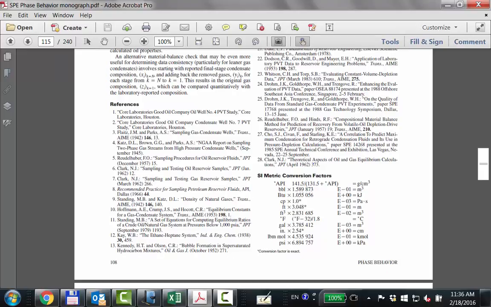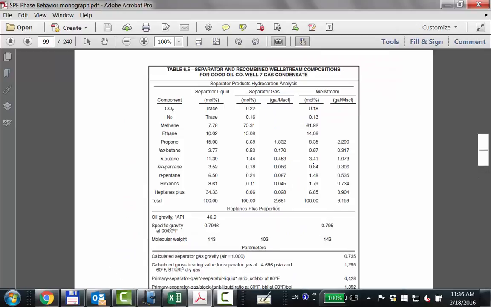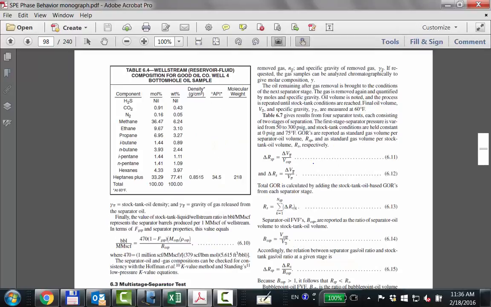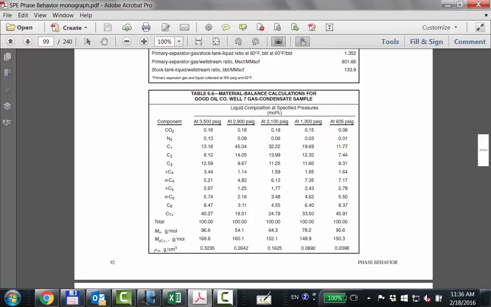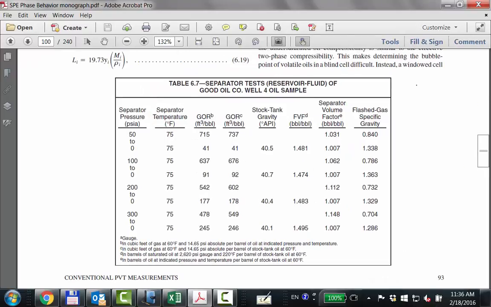Okay, it is in there somewhere. I think. There we go. Okay. So I'll copy this in.